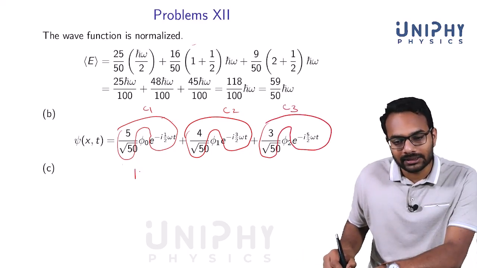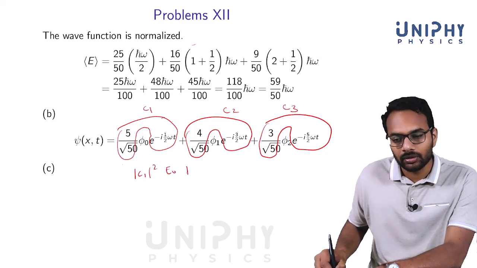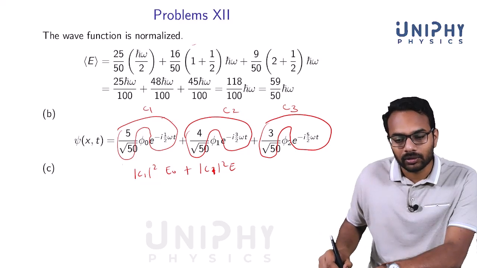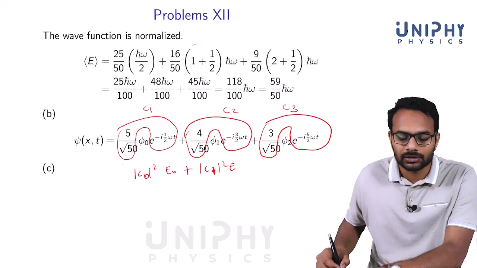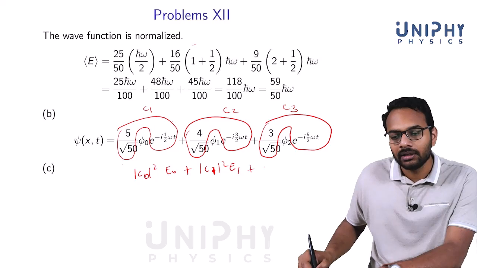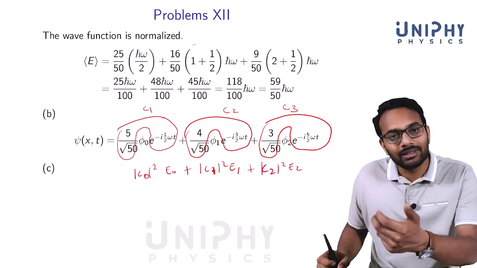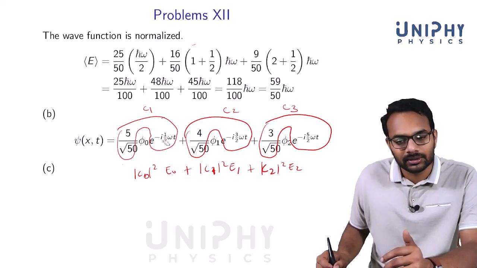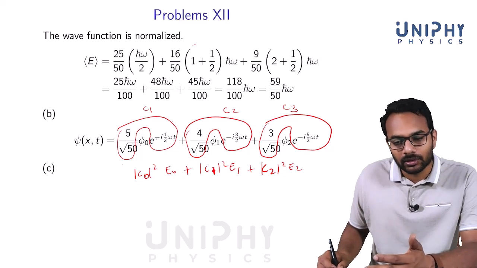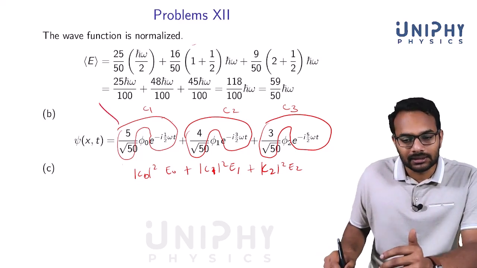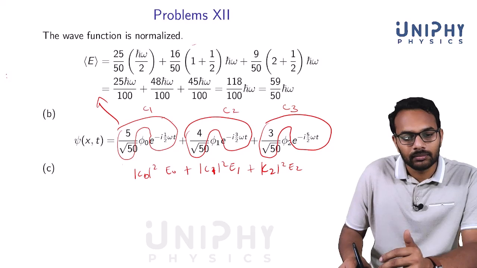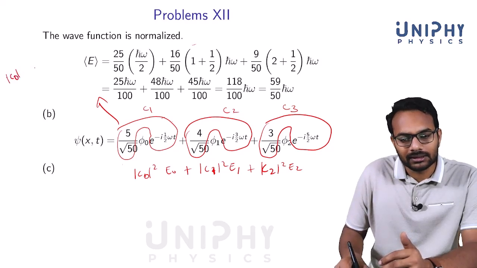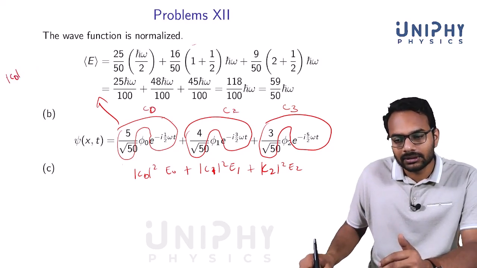So the average energy is modulus of C0 squared E0, plus modulus of C1 squared E1, plus modulus of C2 squared E2. You will get exactly the previous value, because when you take the modulus square, these phase terms will get cancelled. Let's call these C0, C1 and C2.